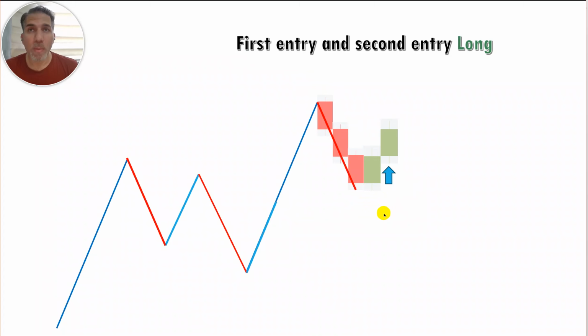It is a very high probability entry, and you will be surprised when we go on the chart and you see how frequently it happens. For all those moments when you were trying to find a way to be profitable, it was in front of your eyes, but you were not careful or detailed enough to figure it out.